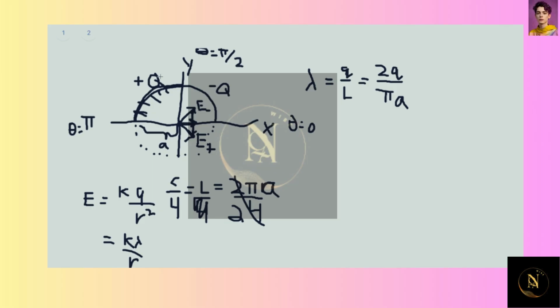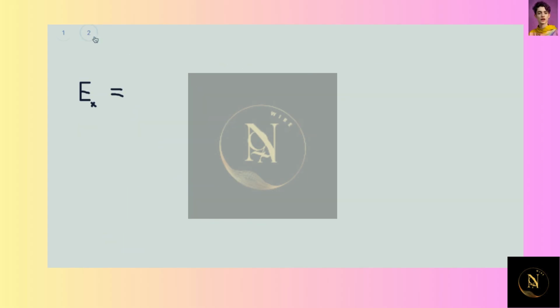So from pi to pi over 2, we're going to have positive charge electric field contribution. And from pi over 2 to 0, we'll have negative charge electric field contribution. So with that in mind, and that the angle is going to change, we need to account for that.